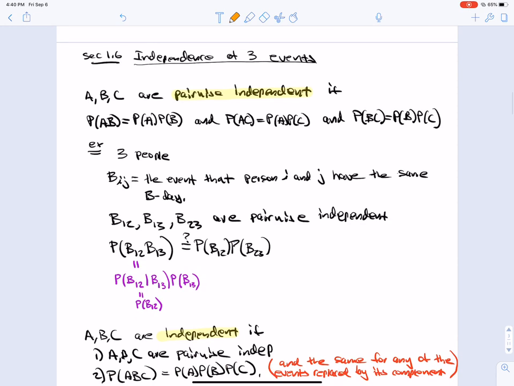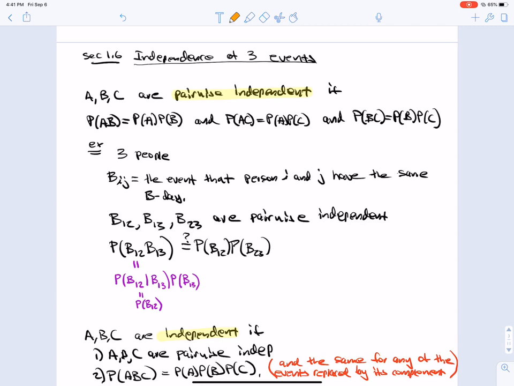For independence of 3 events, we start off with the definition of pairwise independent, which just means that for any 2 of the 3 events, those are pairwise independent, okay? And I give an example here where B12 is the chance that I have the same birthday as you, B13 is I have the same birthday as Mike, and B23 is the event that you have the same birthday as Mike.